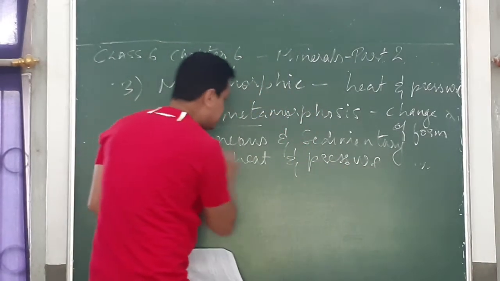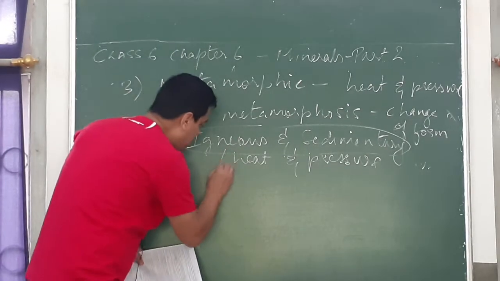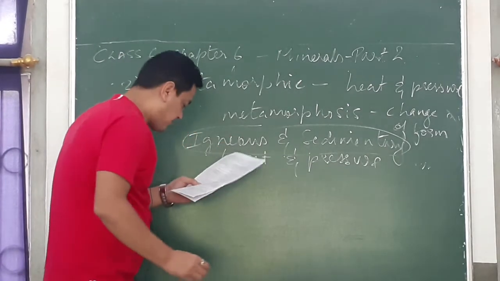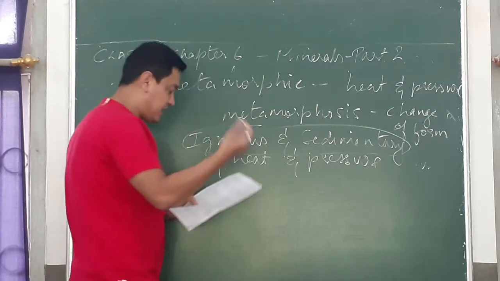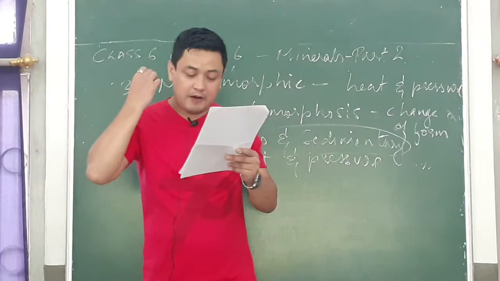So when there is heat and pressure in the igneous and sedimentary rock, they change the form. This form is changed into metamorphic rock, because they change in the appearance, they change in the texture, they change in the color. So I want to read this one.